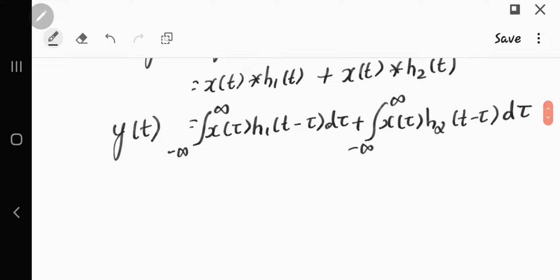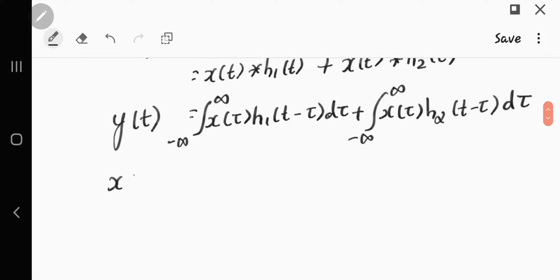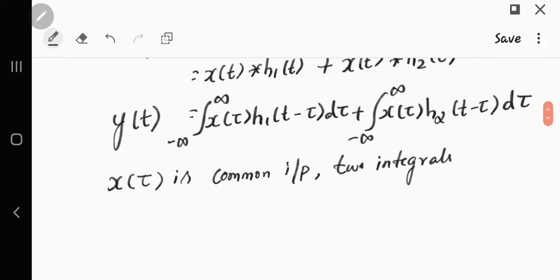Now, if you observe the above expression, for both the systems, x of tau is the common input. Therefore, the two integrals can be combined, because x of tau is a common input.